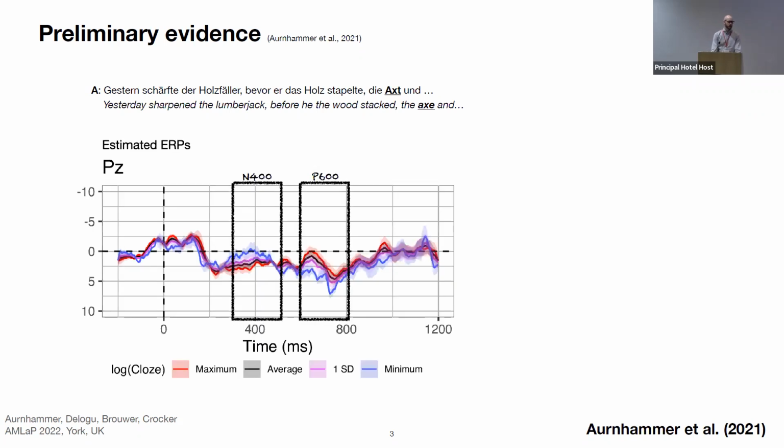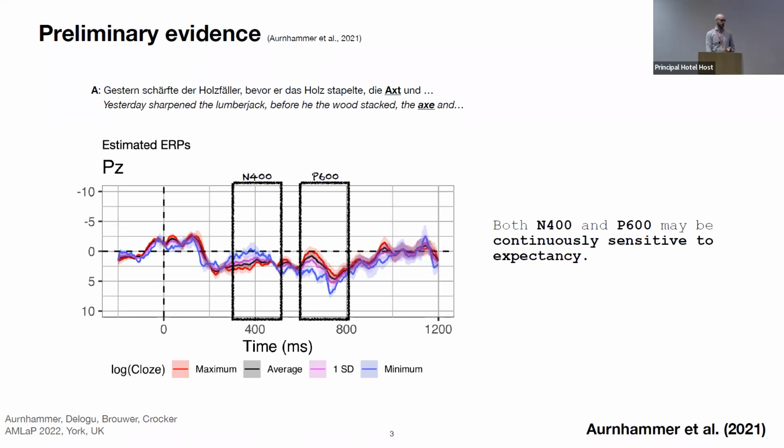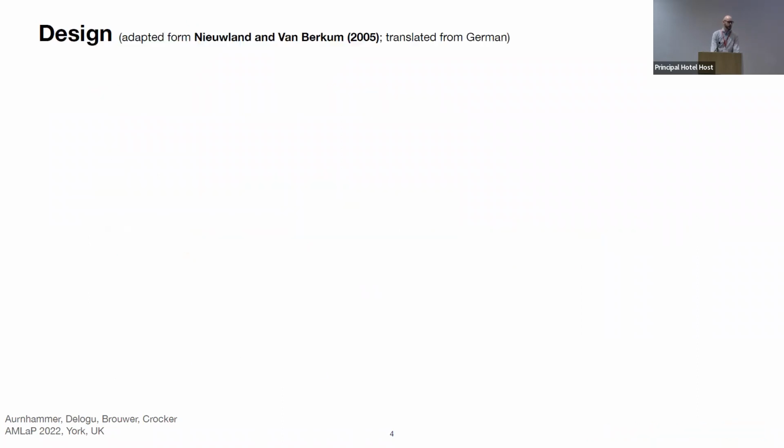And what we found was, using an RERP analysis, that both the N400 and the P600 appeared to show graded sensitivity to the expectancy of the word. And again, within retrieval integration theory, we think that this is due to different underlying mechanisms, because expectancy affects both retrieval and integration. Now, this was a post hoc analysis, and we wanted to study this in a dedicated experiment.